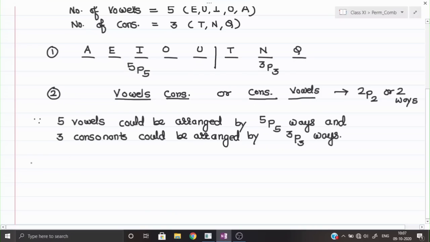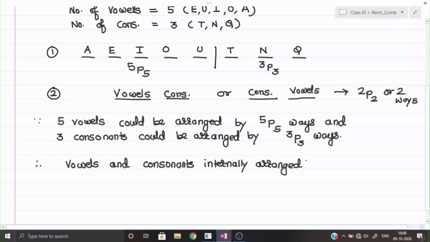Okay, so we can say that therefore vowels and consonants internally are arranged by, means in the case of vowels we can arrange by 5P5 and consonants 3P3.